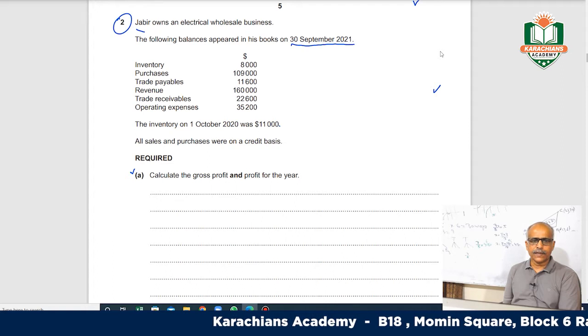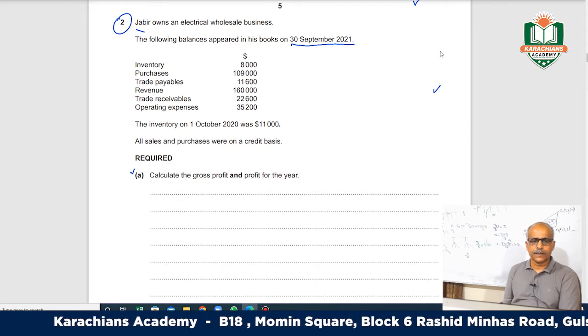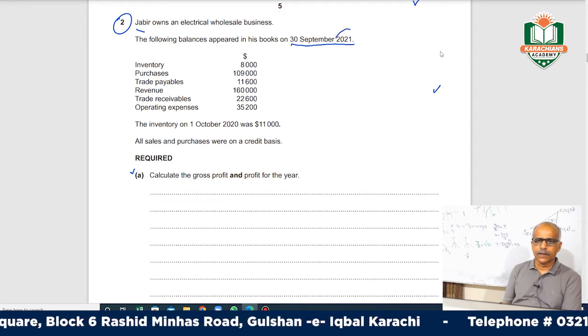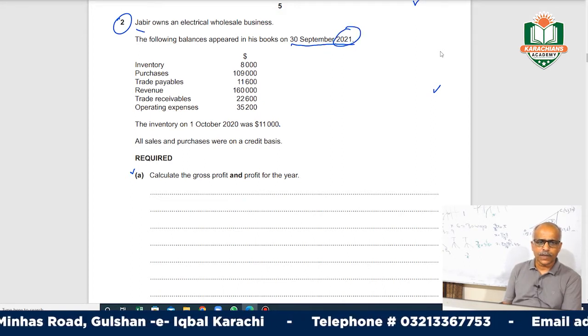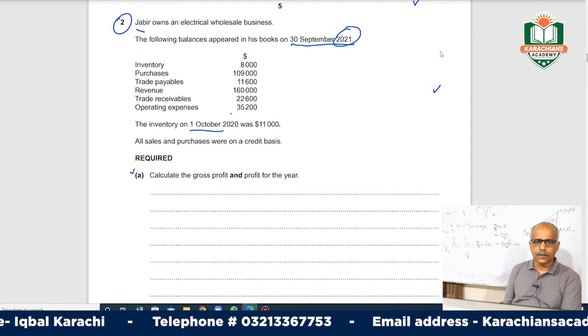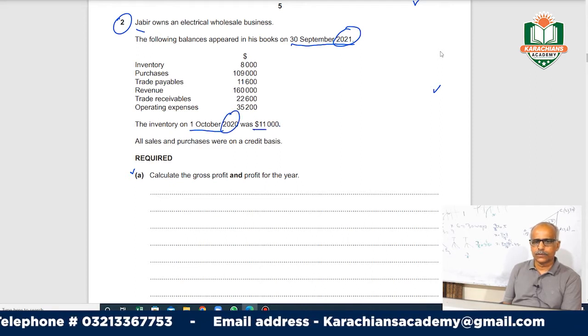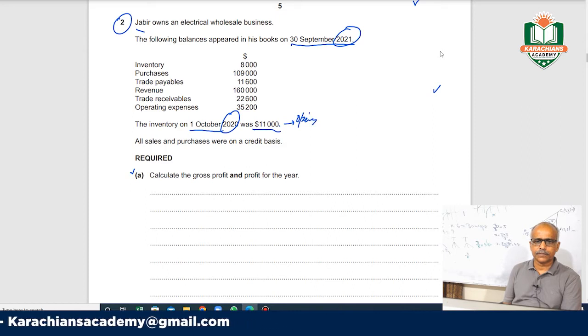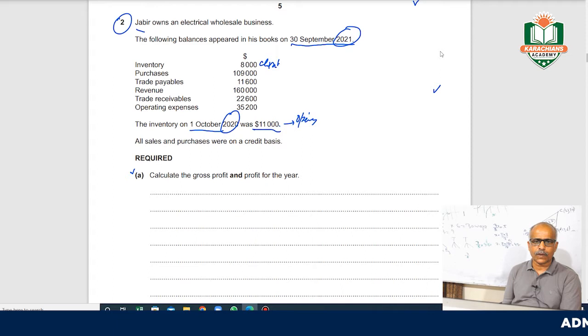The inventory on 1st October 2020 was 11,000. So this is 30th September 2021 and this is 1st October 2020. It means this is your opening inventory and this is your closing inventory. Clear?